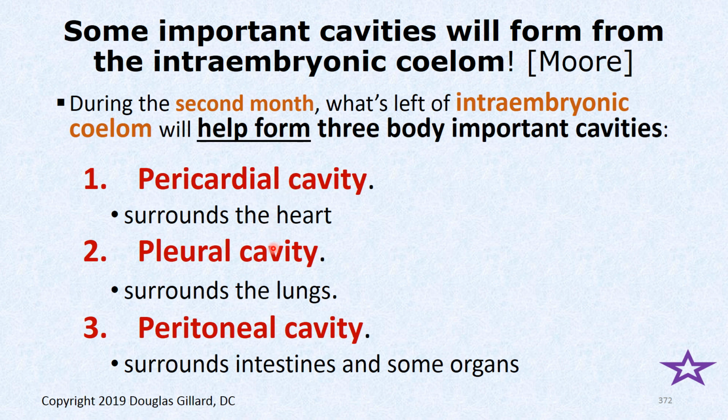I'm going to digress. And then the peritoneal cavity, apples, tomatoes, however you like to say that. So these are super clinically important. We'll talk about these a lot in the pathology that can occur in here when we get to fifth quarter with me, with gastrointestinal pathology and cardiovascular and pulmonary pathology. We'll talk about all this stuff. So we're going to get to see how it's formed right now.